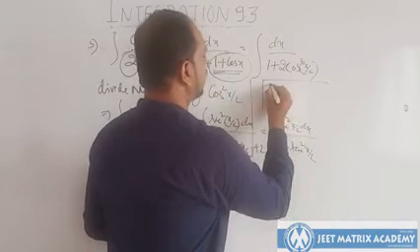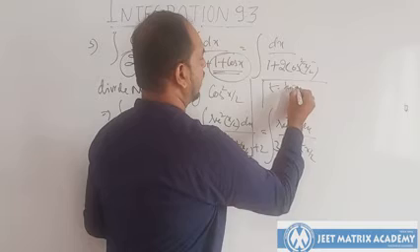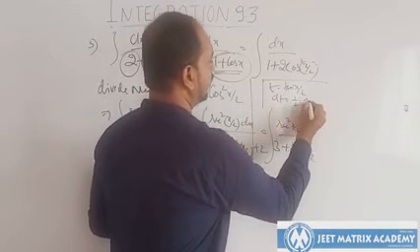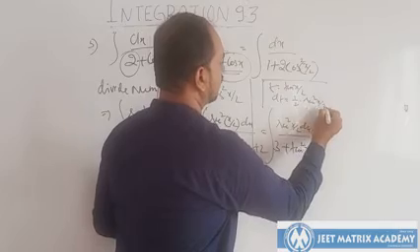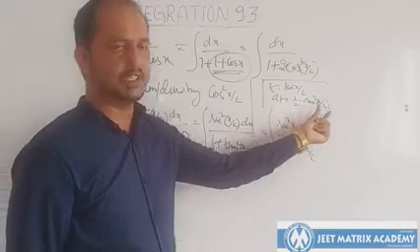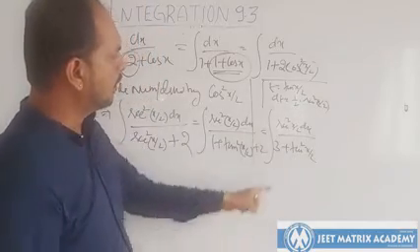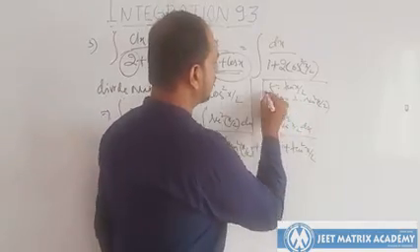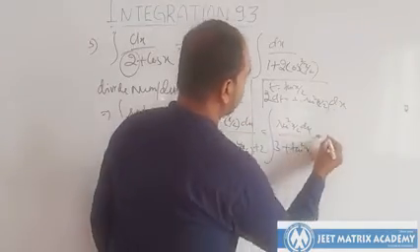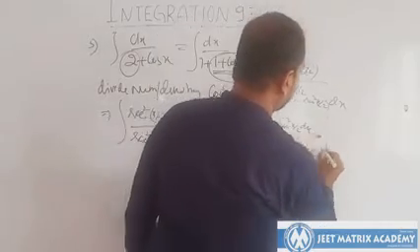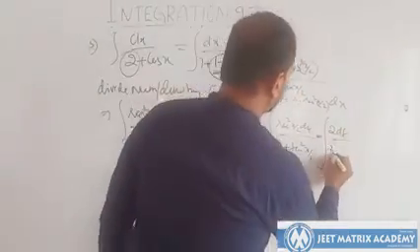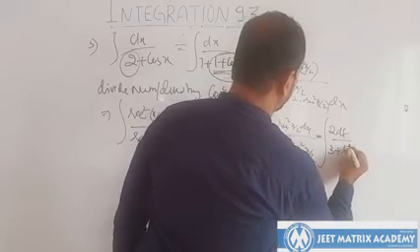Now substitute t equal to tan x by 2, dt equal to 1 by 2 into sec square x by 2 dx. Am I right? So now this becomes integration of 2 dt divided by 3 plus t square.